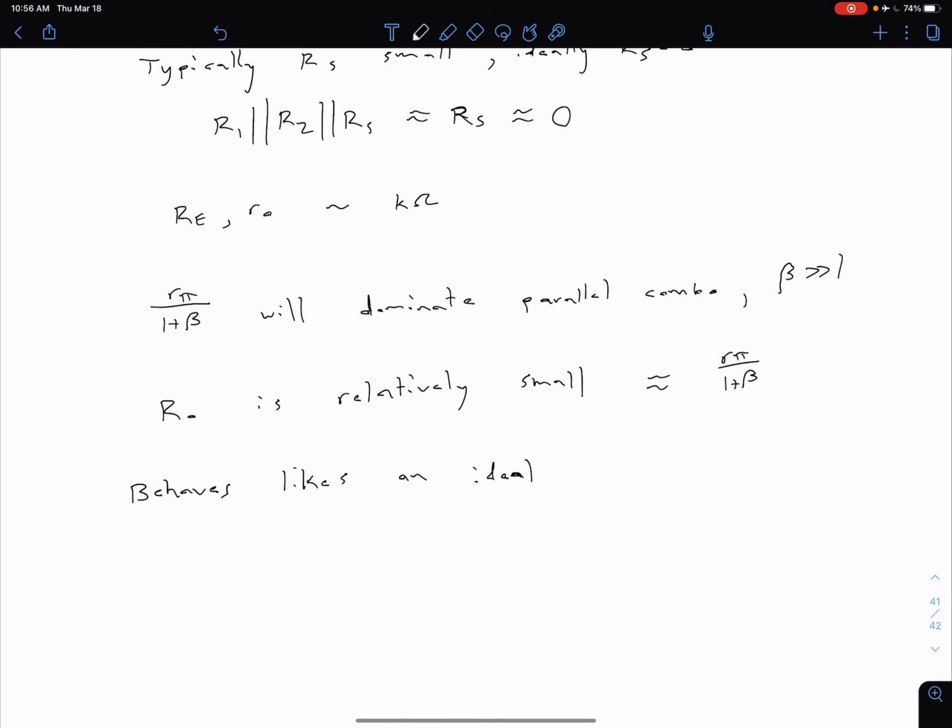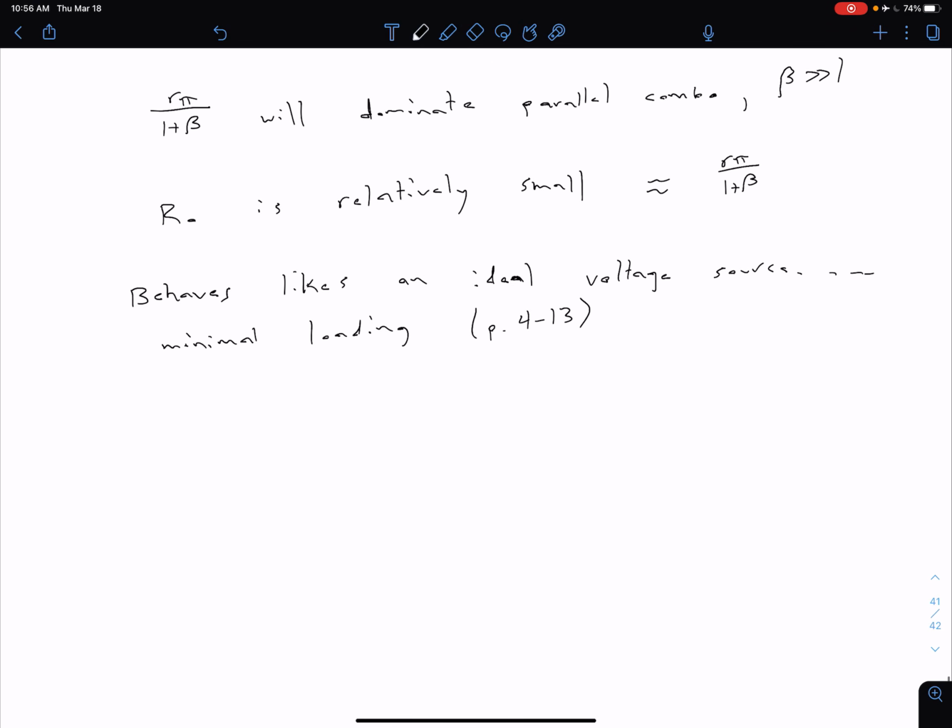So it behaves like an ideal voltage source, and we can say minimal loading when other circuits are connected to the output. For more details on loading, we talked about that before, but you can go back to page 413 and review that as well.